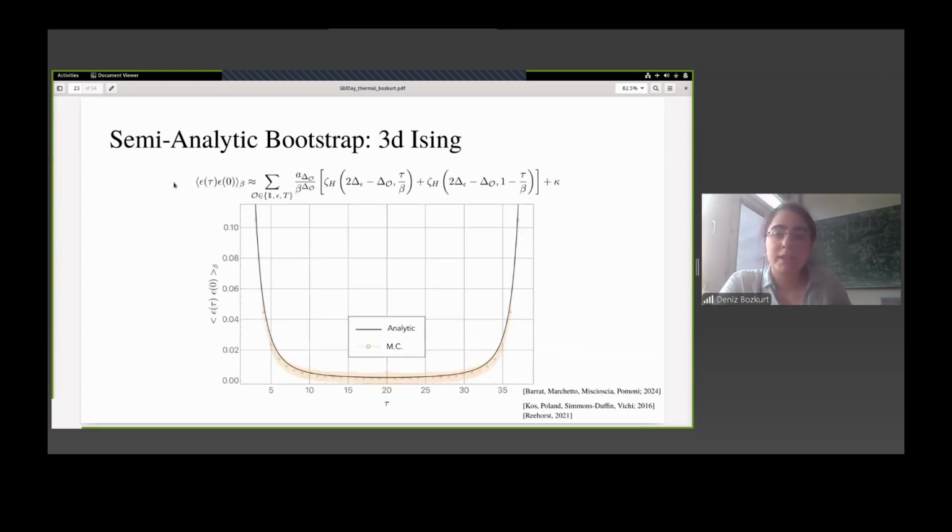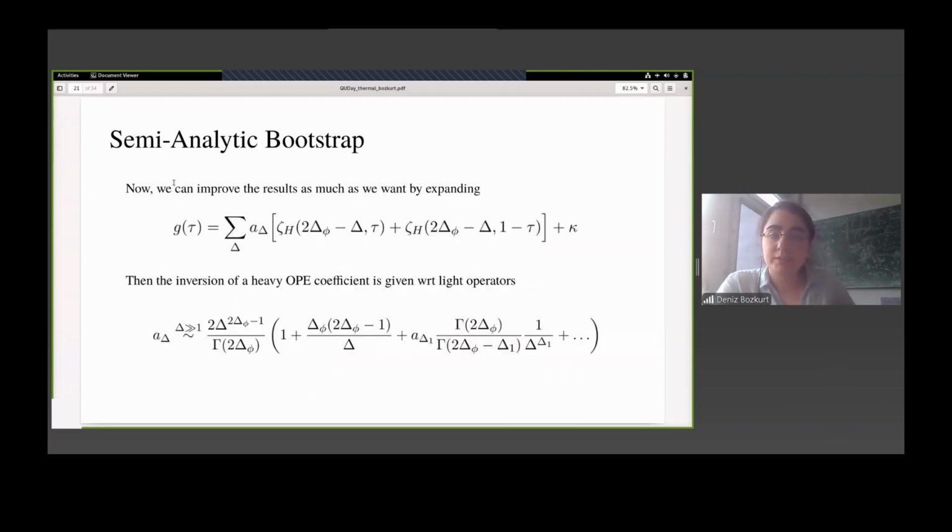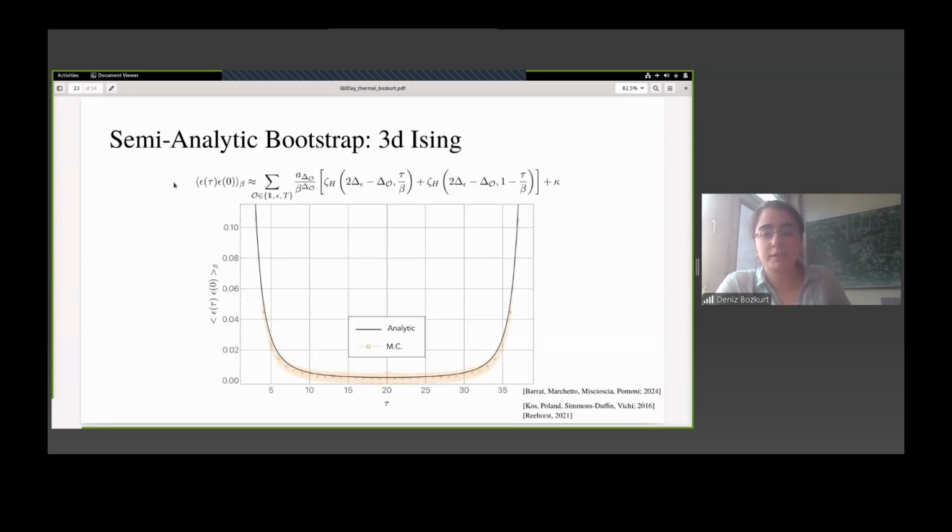But a correlator, again in the 3D Ising, that wasn't possible to compute before with the procedure I described was the epsilon operator. This is simply because if you go back and look at the asymptotic form of this expression, epsilon itself, the external dimension of the operator that we are considering, is so heavy compared to the operators that enter the spectrum that the approximation given only in terms of 1 over delta was not good enough.